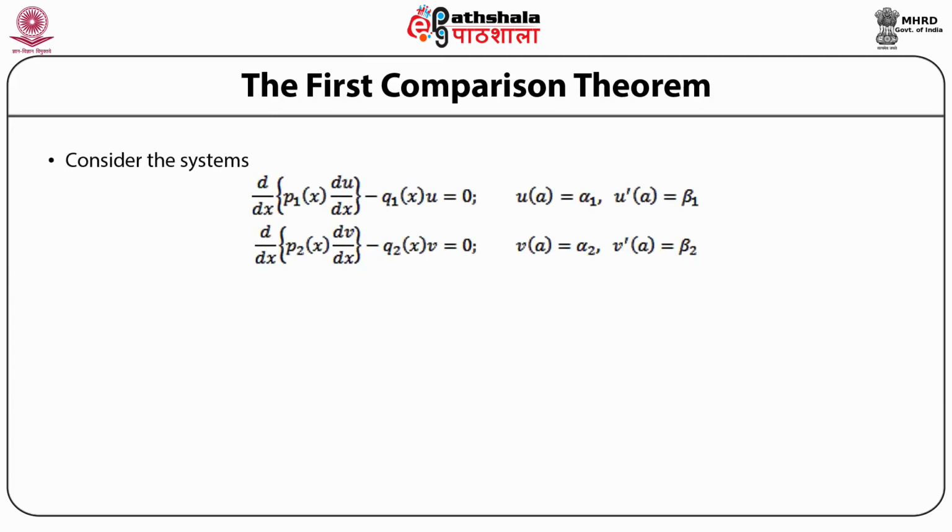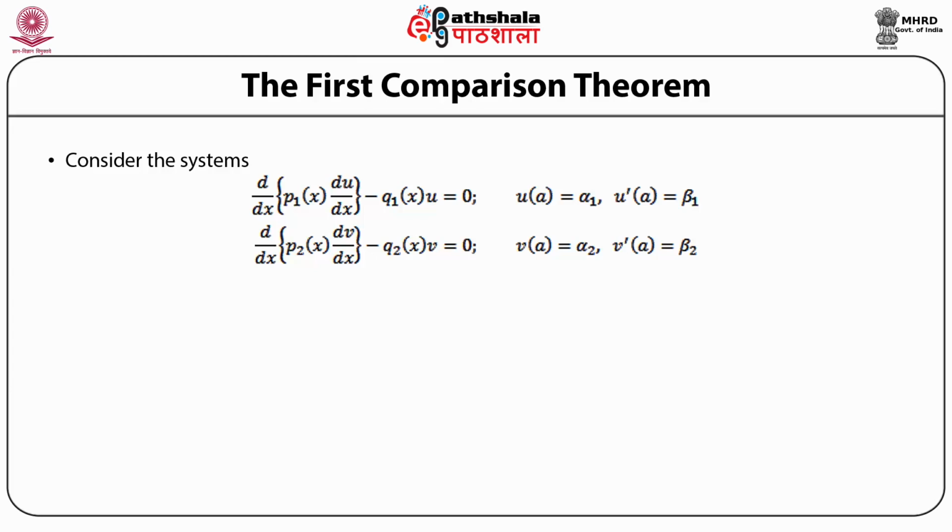We consider the systems d/dx of (p1 of x into du/dx) minus q1 of x into u is equal to 0. The initial conditions are specified as u(a) is equal to alpha 1 and u prime(a) is equal to beta 1.